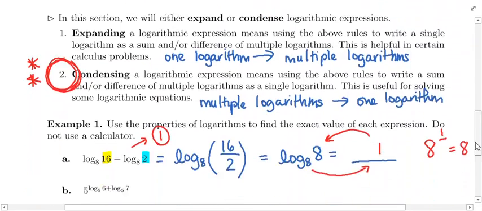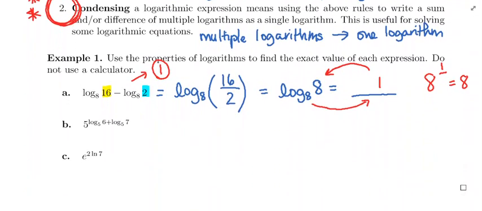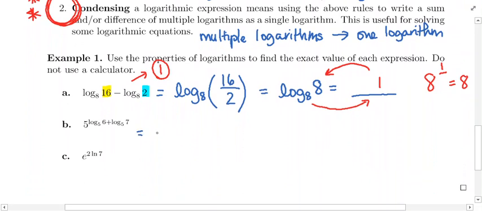So let's try it. We're working on the exponent here. This is going to be 5 raised to, we're going to take the exponent and simplify it. In the exponent, we're taking those two logarithms and combining them into one. This is going to be log base 5. They're both base 5 logarithms, so we can combine them.